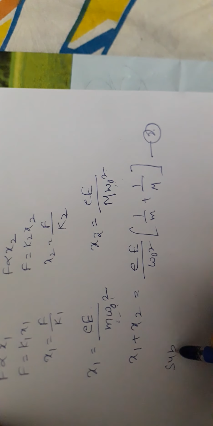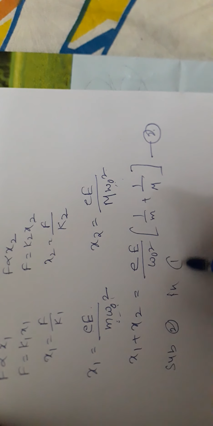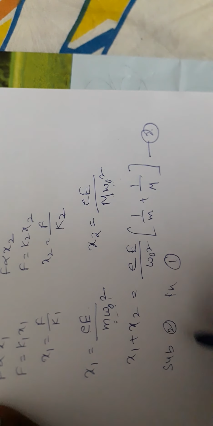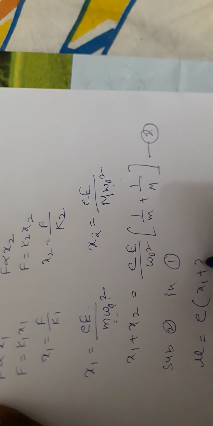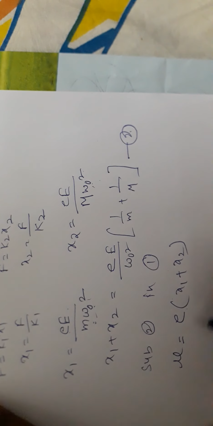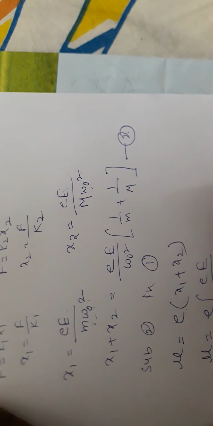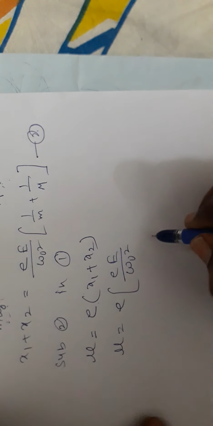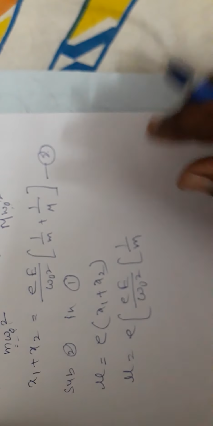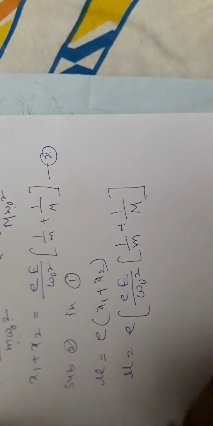Now substitute 2 in 1. Here we calculate the dipole moment, that is charge into the distance between the two ions, x1 plus x2. So mu equals E into E by omega naught square into (1 by m plus 1 by capital M).